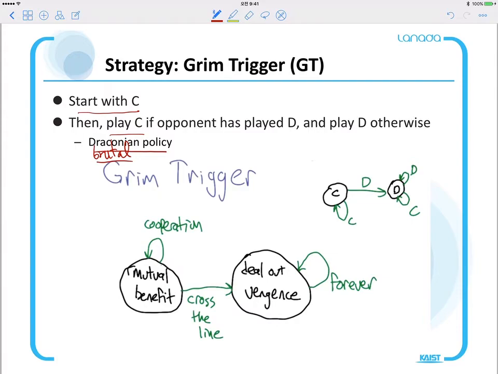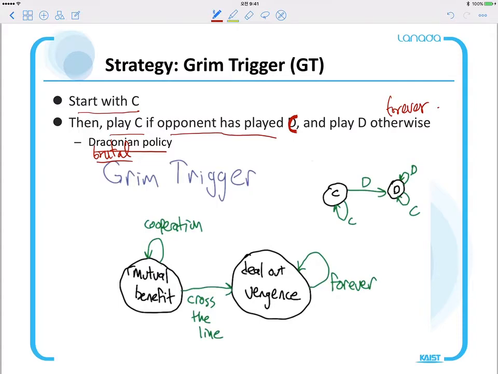Then play C if my opponent has played C, but play D otherwise. Which means that if my opponent changes his mind from C to D, then I'm going to play D forever.